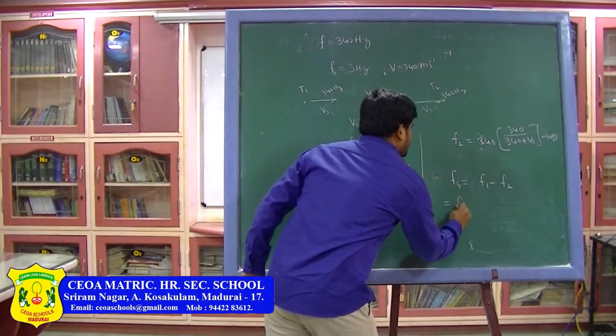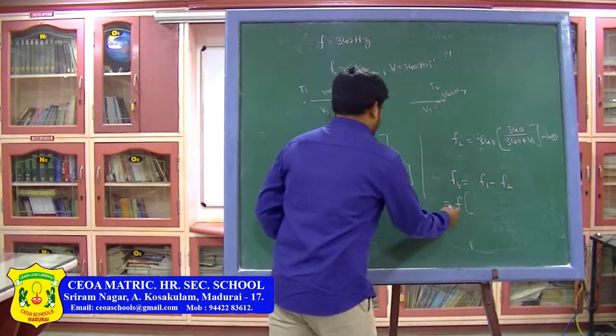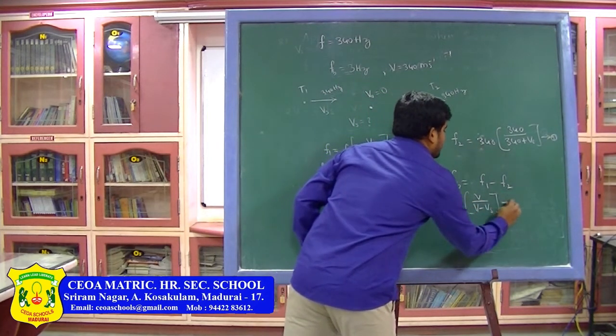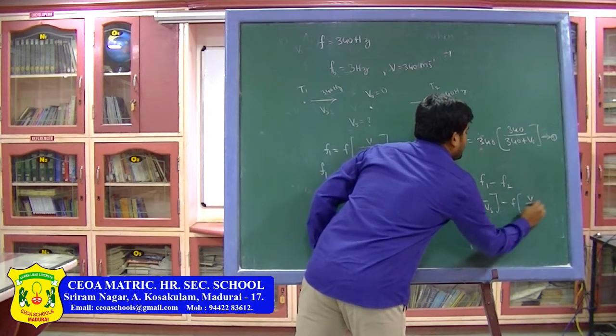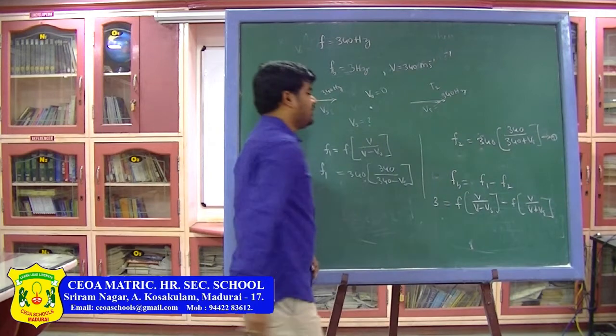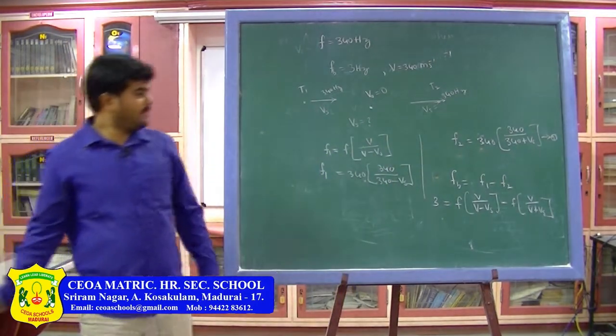Now let me write the value of f1. Let me take the symbol form of the equation. f into V divided by V minus Vs, minus f into V divided by V plus Vs, is equal to 3. Now, solving this for Vs, you will get the required answer.